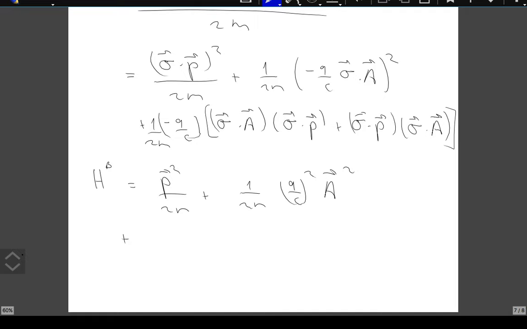That's the part we have to pay a bit of attention to. So let's write it in a slightly different form: 1 over 2m times minus q over c, sigma_i sigma_j (a_i p_j plus p_j a_i).